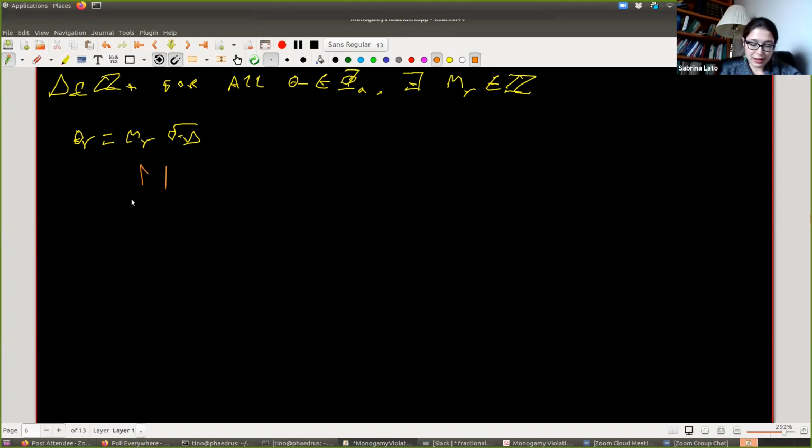And you can show that if that's true, then letting t equal 2 pi over the square root of delta, then for all eigenvalues in the eigenvalue support, e to the t theta r is just going to be some integer multiple of 2 pi.